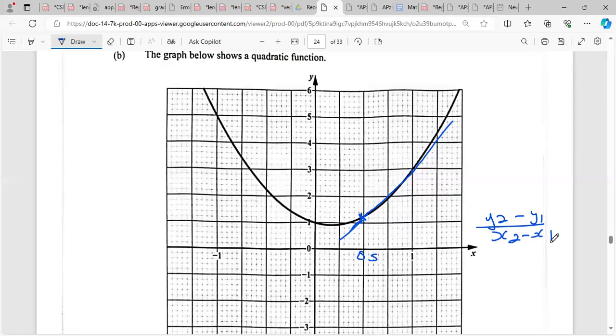It's about 1 and 3, right? And this 0.5 and 1. So y2, that's our 3 minus.